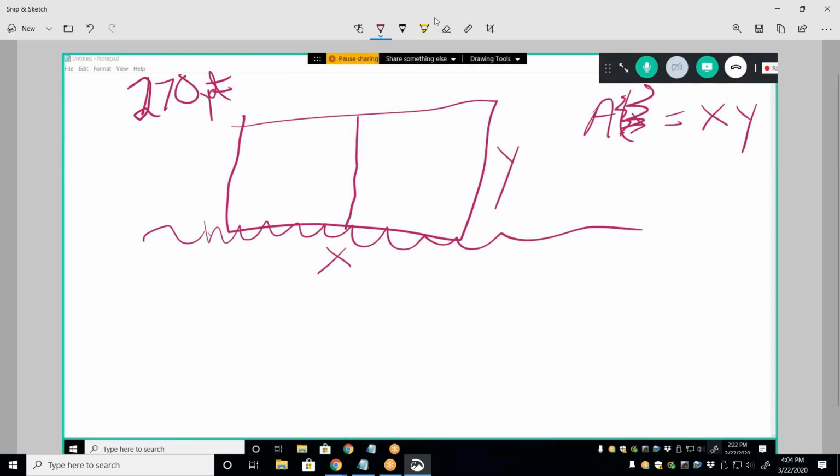In other words, that's our perimeter, right? That's that, plus that, plus that, plus that, plus that. We don't need fencing on the river side, so we don't need this fencing down here. So let's write an equation that's equal to 270 in terms of x and y.